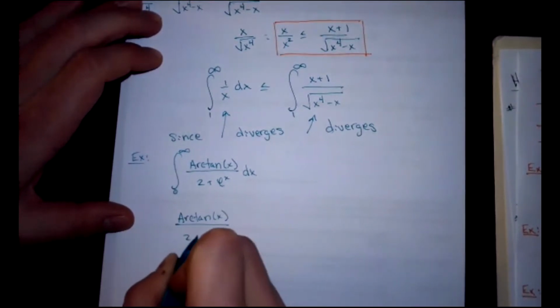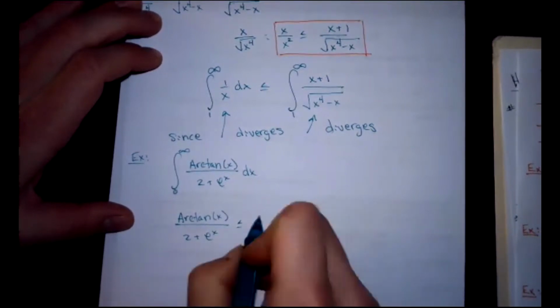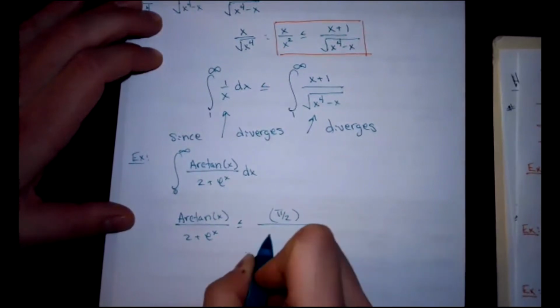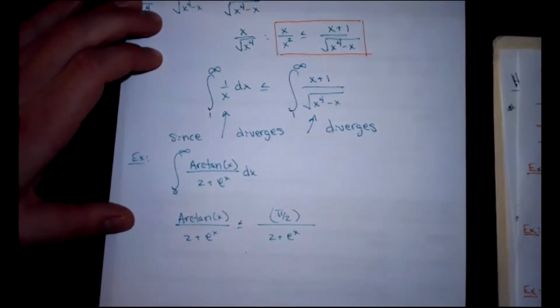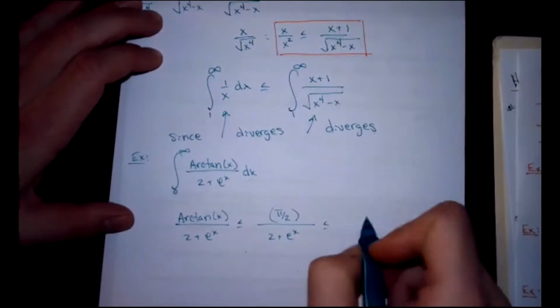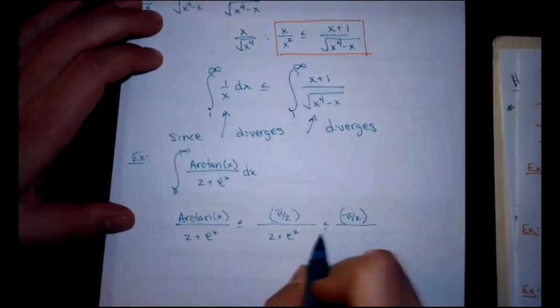So your comparison here should look something like this. Arctangent is less than pi over 2. And then if I make the denominator smaller, I get a bigger function.